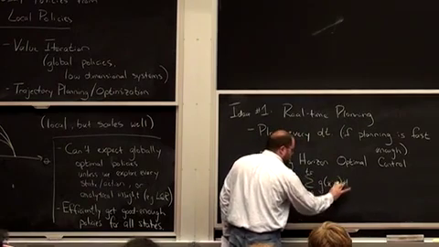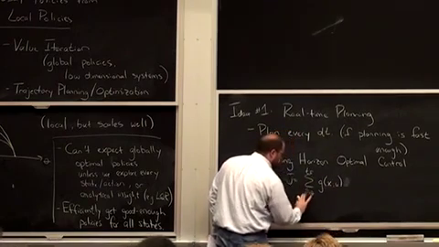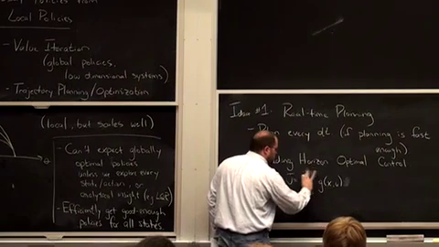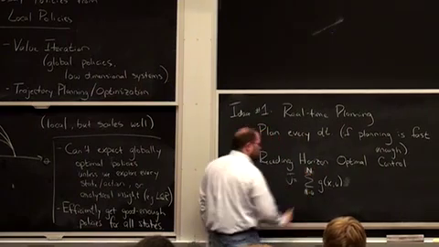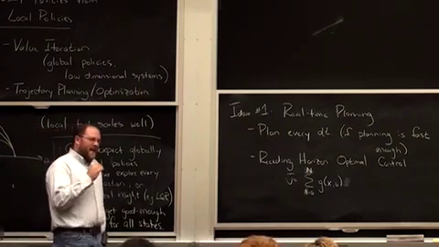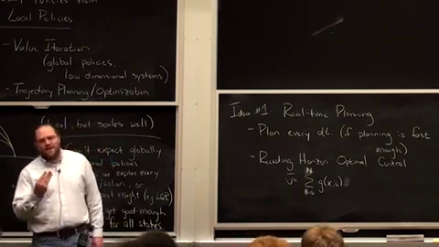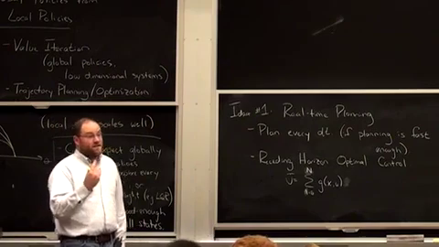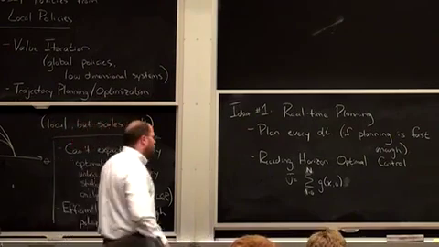I did discrete time, that's fine, so from 0 to capital N in discrete time. Let's say it takes me too long to plan N steps ahead, but I know I can plan 3 steps ahead really fast.